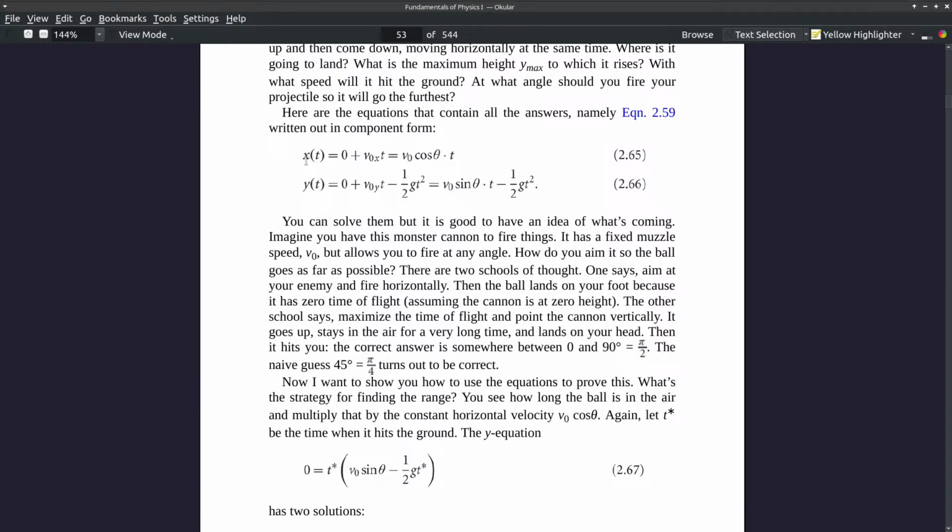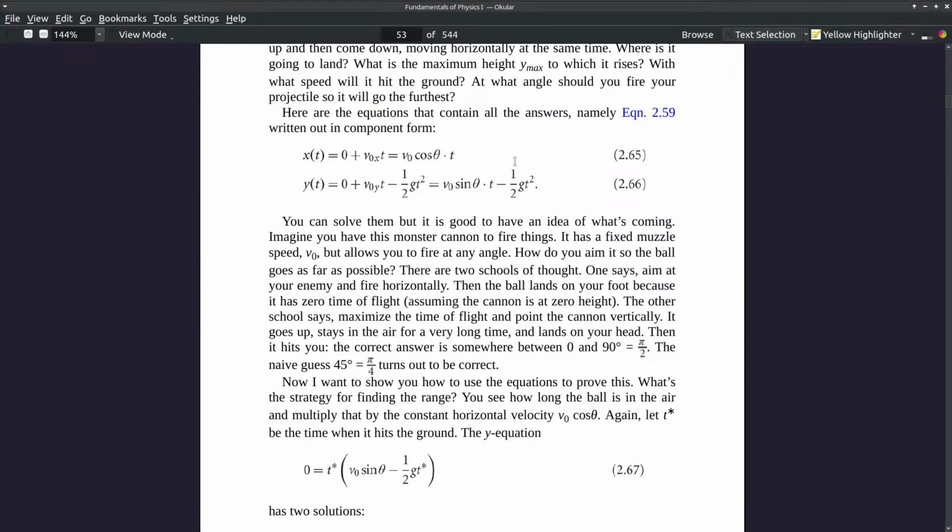So x(t) equals 0 plus v0x t, which equals v0 times the cosine of theta times t. And then y(t) equals 0 plus v0y t minus half g t squared, which is going to equal v0 times the sine of theta times t minus 1/2 g t squared.